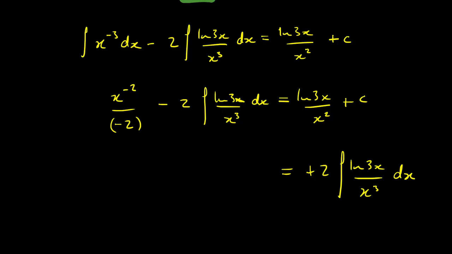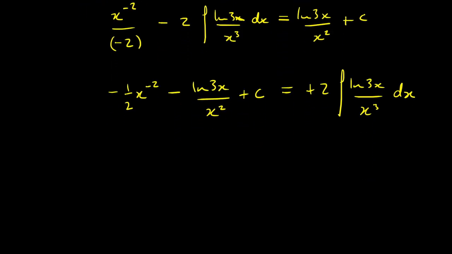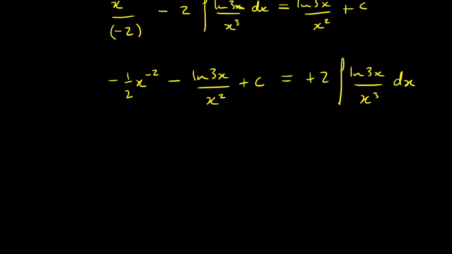So I'm going to get -1 upon 2 x to the power of -2 minus ln 3x upon x squared. And I can bring the c to the left-hand side as well, but c is just a constant, so I don't really need to write it as -c. I can write it as positive c, because remember, we don't actually care what the constant is. We just care that there is a constant.